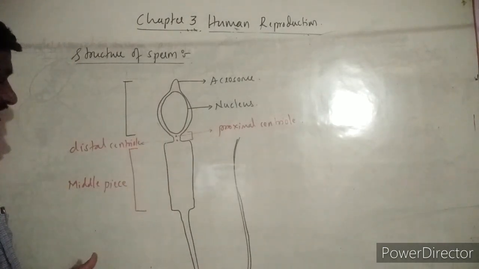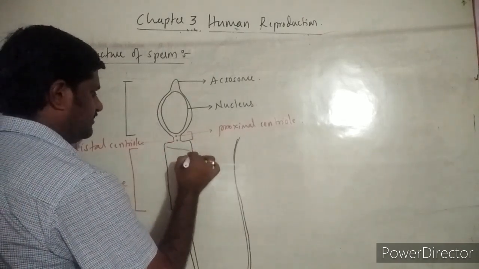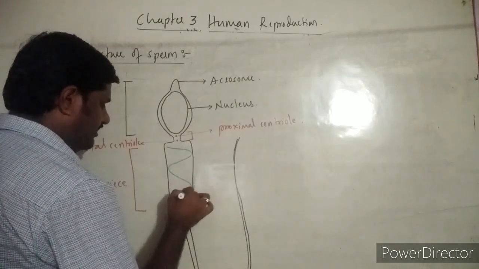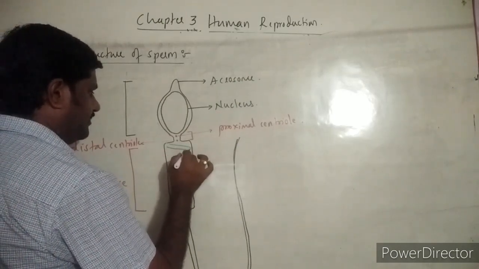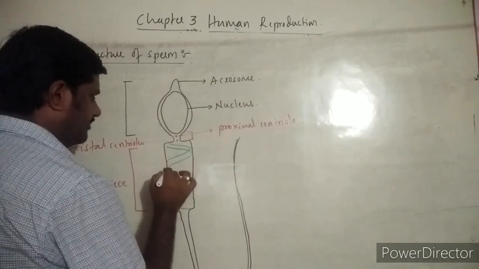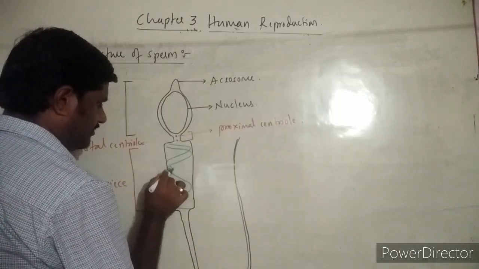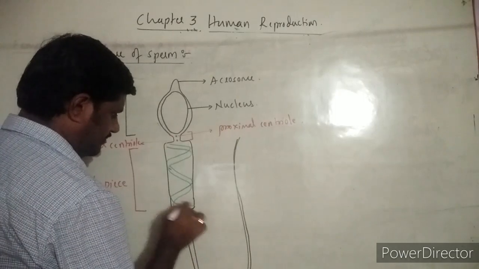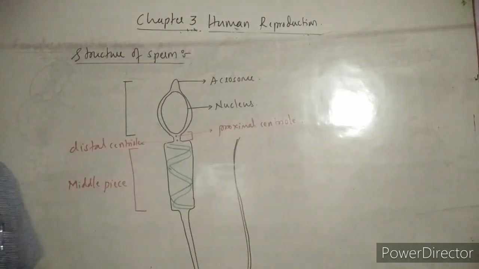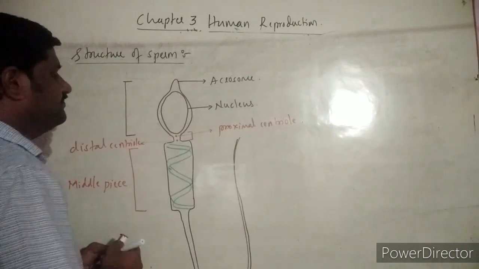In the middle piece, a very unique thing that you are going to learn is the spiral shaped mitochondria that you come across over here. A spiral shaped mitochondria that you come across over here. This is a more important feature to be remembered.